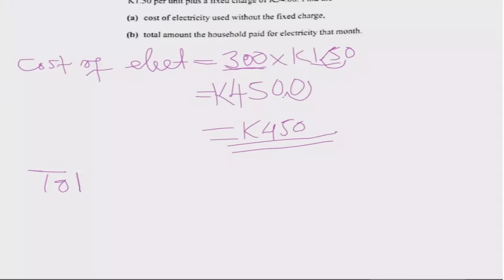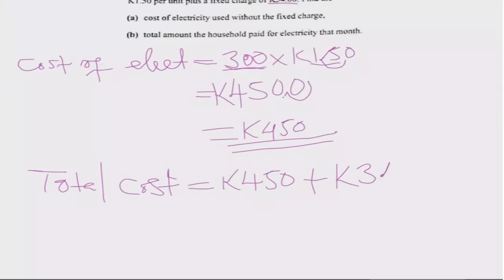So we say total cost is equal to the amount of money they paid for the units, which is 450 kwacha, plus the fixed charge. The fixed charge we are told is 34 kwacha, so we say plus 34 kwacha.